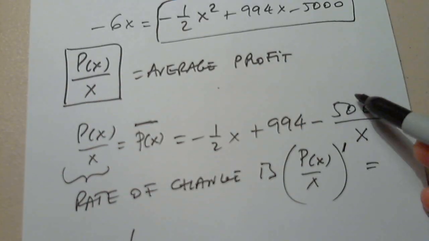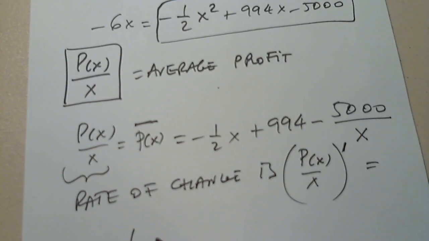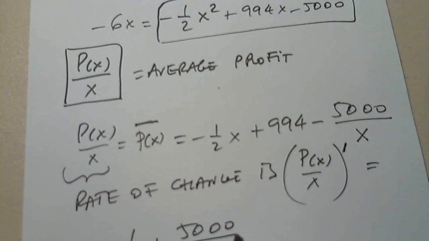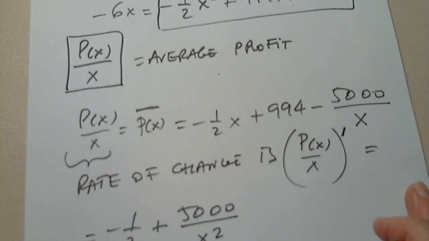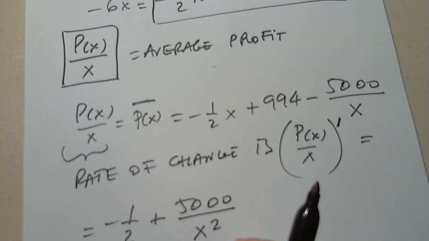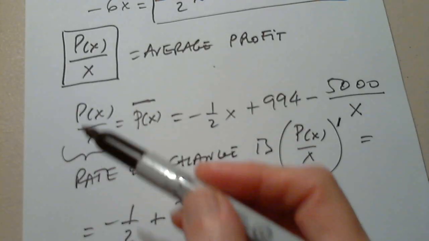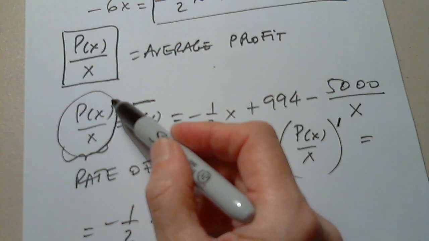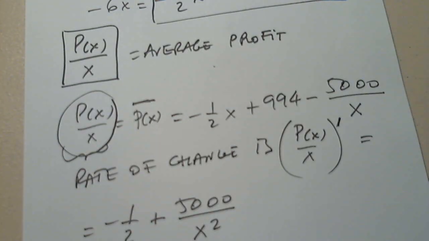And remember, the derivative of negative 1 over x is positive 1 over x squared, so this gives positive 5000 over x squared. So the rate of change is the derivative of this function. And now I may be asked to evaluate it. I may be asked to find its maximum, and so on and so forth. All sorts of questions may come up. Any questions?